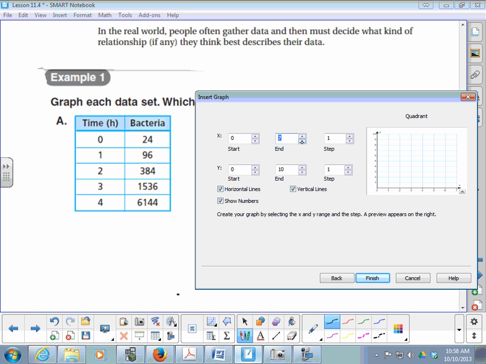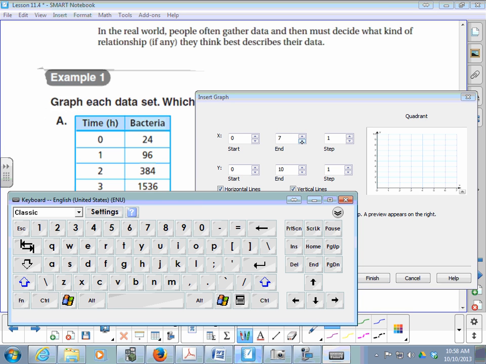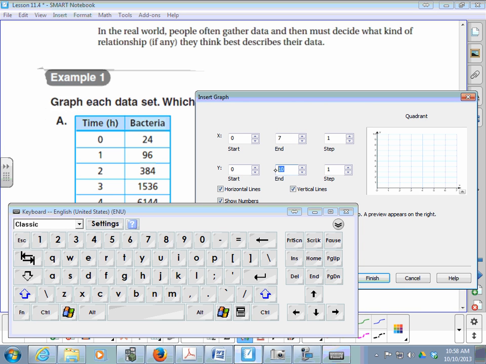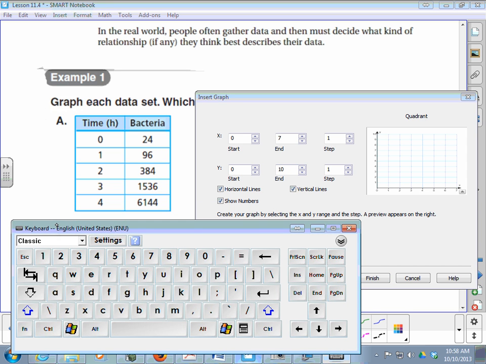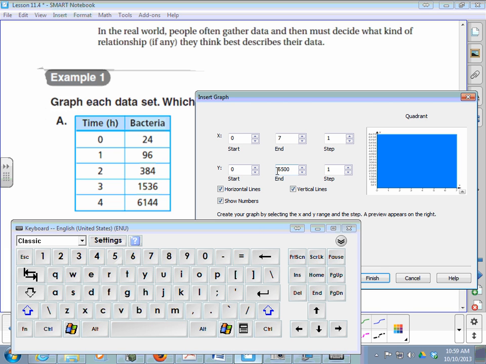So my y max, where I'm going to end, needs to be at least that. So I'm going to have to go up to probably 6,500. And what should my steps be if I'm going to go all the way up to 6,500? 500 is not bad because that would put me at 13 of them. We could live with that. Okay, all right, much better.